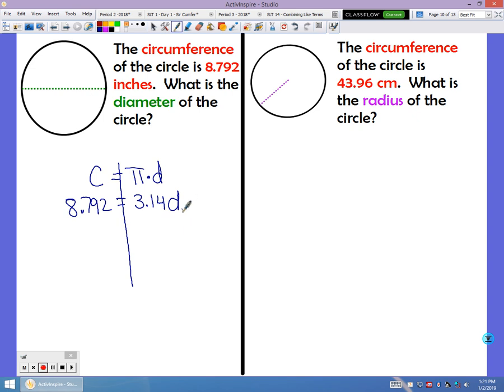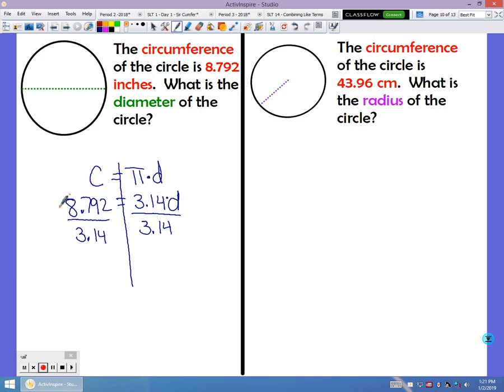We need to think back to our unit on solving equations. This is now a one-step equation. So I have to isolate D, because that's what I'm trying to calculate, and I have 3.14 times D. The opposite of 3.14 times is to divide by 3.14.